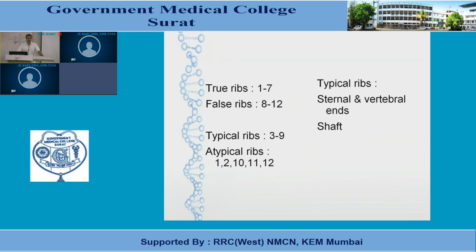Now these ribs, as these are paired, 12 pairs of ribs are present in the thoracic cage.